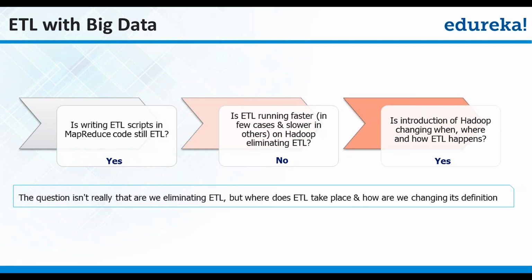The question isn't really whether we are eliminating ETL, but where ETL takes place and how we are changing its definition. When we are talking about big data, MapReduce programming, Pig scripting, yes, we will be doing ETL, but it only depends at which layer we are doing the transformation and how easy it becomes.